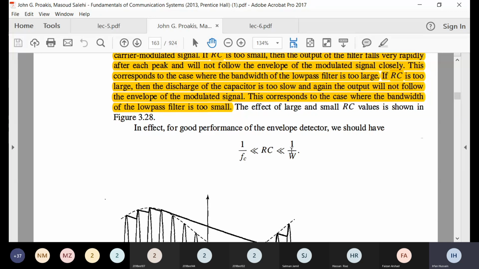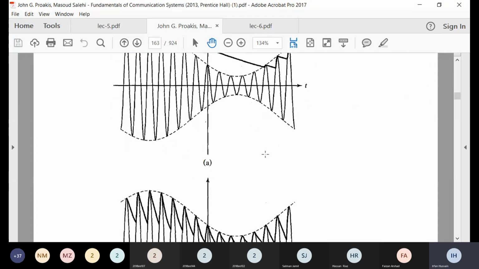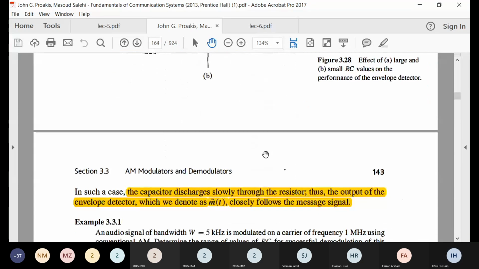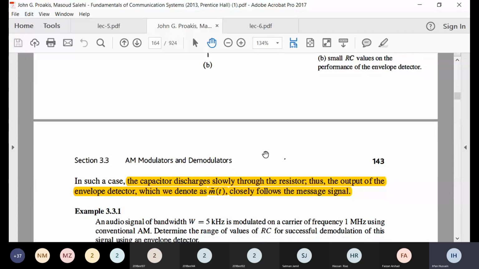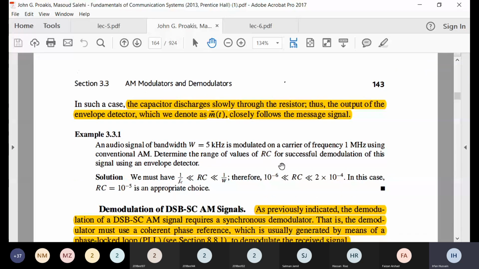So RC will be much less than the time of the baseband signal, but much greater than the time of the carrier. It has to lie in between these two extremes. He has shown these values: you need RC between 10 to the power minus 6 and 10 to the power minus 4, so you choose it to be 10 to the power minus 5 in the middle.